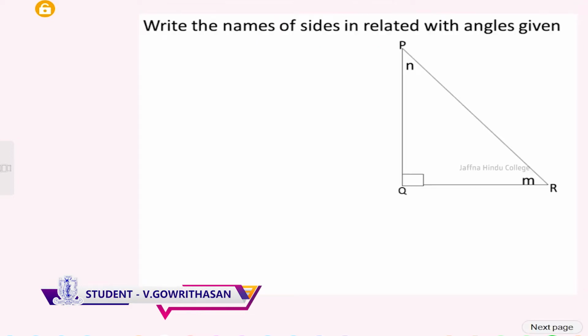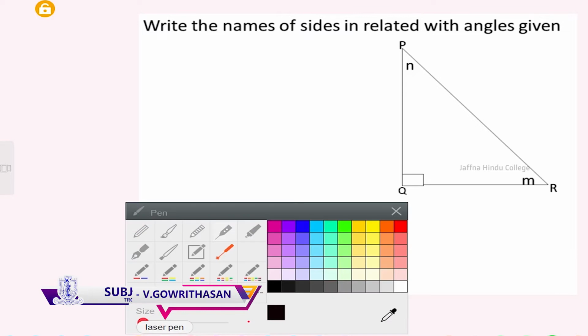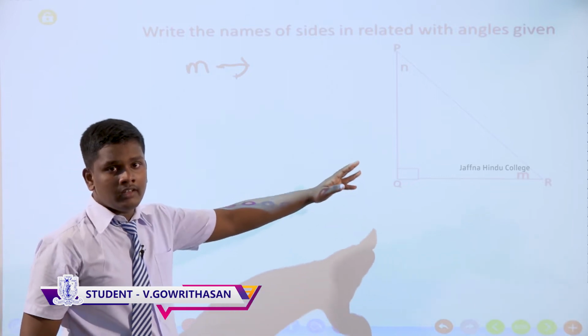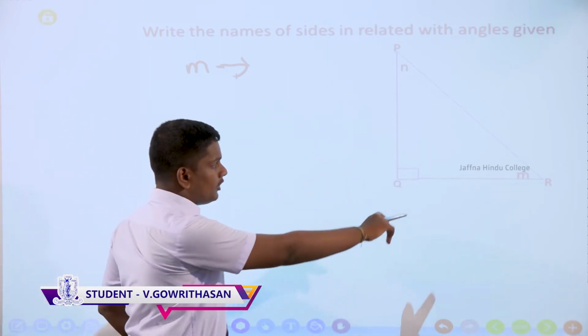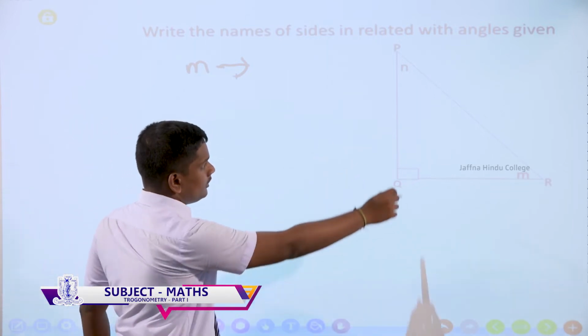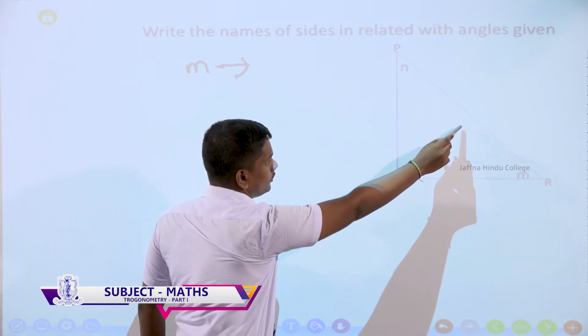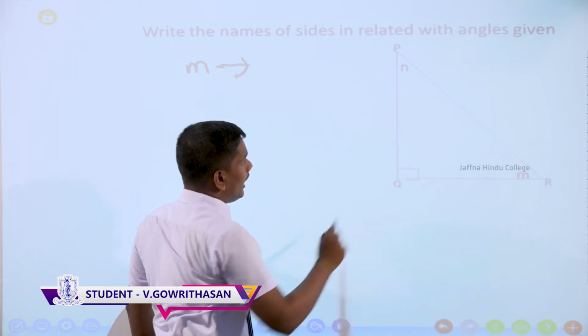So, let's write the names of the sides in relation to the angles given. Let's take angle M. The hypotenuse is always the same. First of all, find the hypotenuse, the side opposite to the right angle. The side opposite to the right angle is PR.